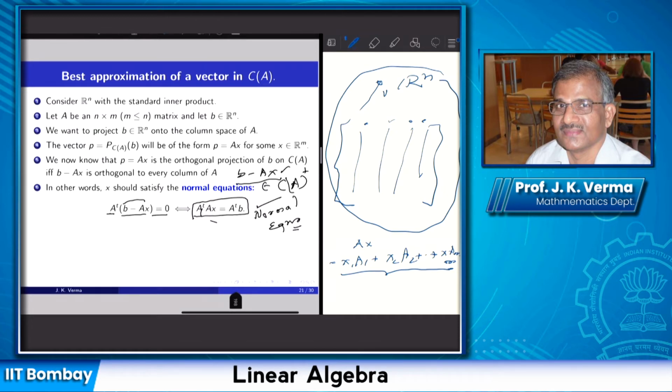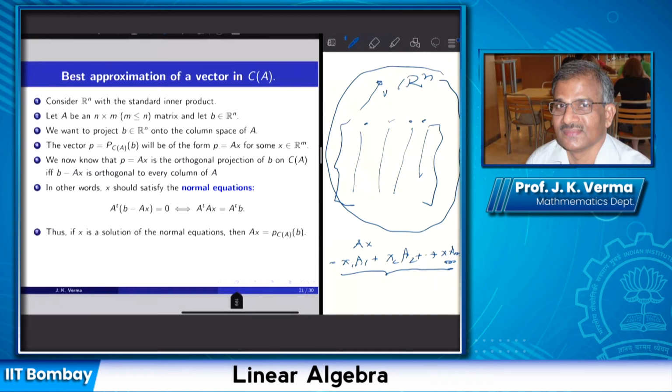But we want to show that these normal equations always have a solution. So if x is a solution of these normal equations, then Ax is the projection of B in the column space. So our problem is to find the best approximation of a given vector inside a subspace. Yeah.